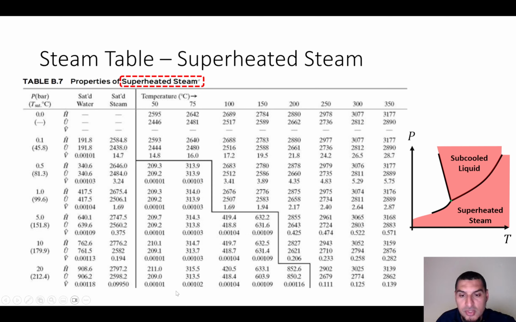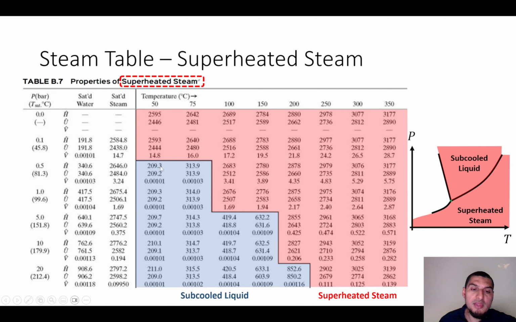Here we have high pressure, down is higher pressure, and the left is low temperature. So this area would be subcooled liquid, and this area would be the superheated steam. So you just need to go and pick the temperature and the pressure, and you can know all the information that we need to know about the steam. So this is how we can use the tables and the information that we need to know in order to use the tables.